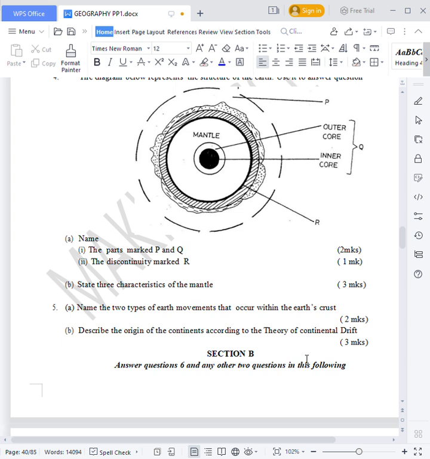Due to crustal forces, Pangea broke into the present six continents, drifting apart.